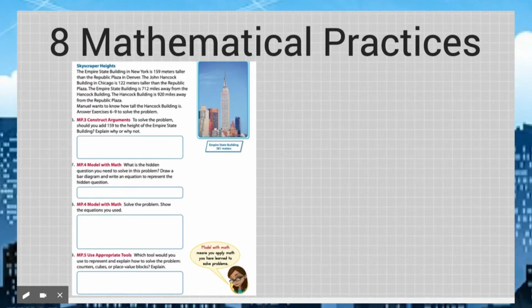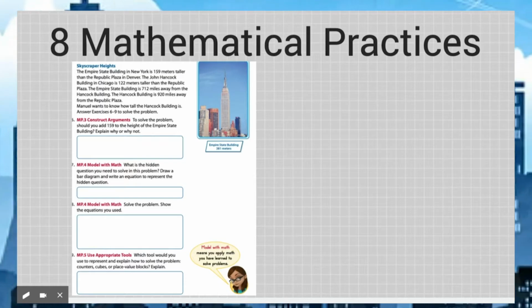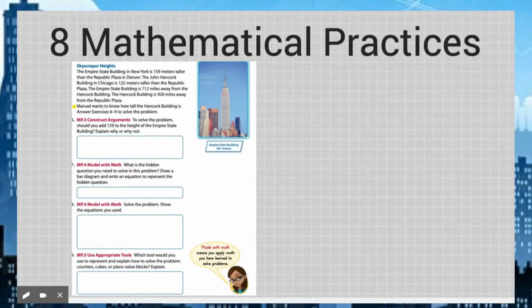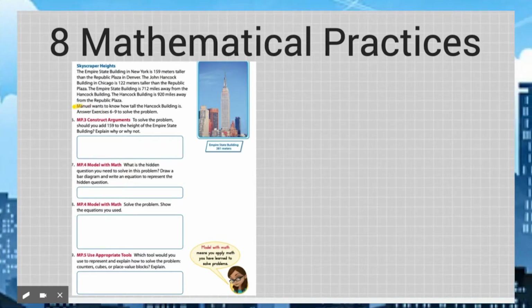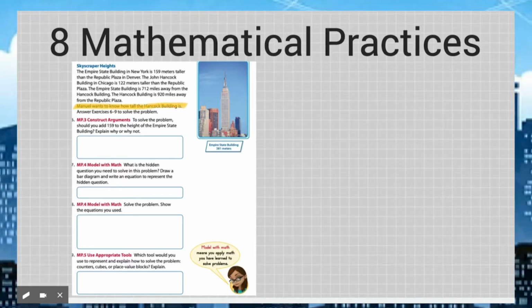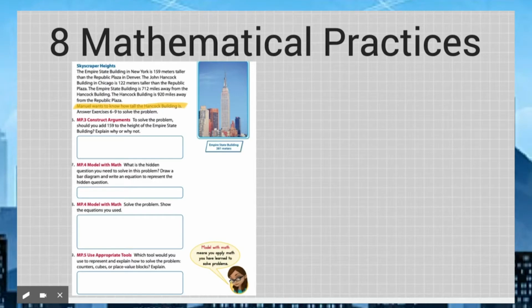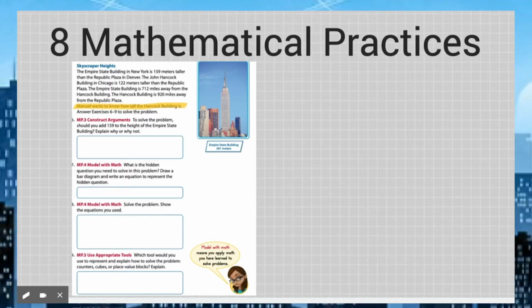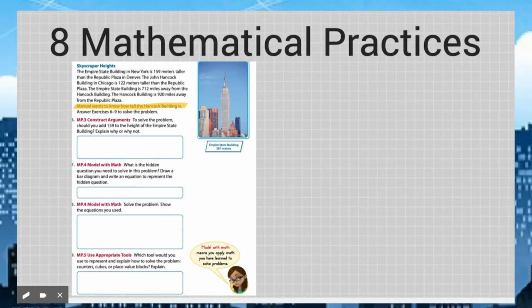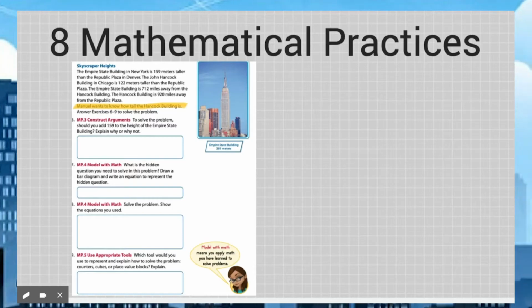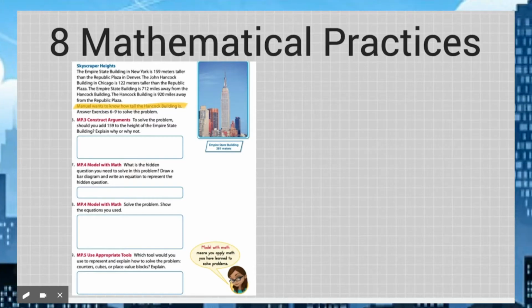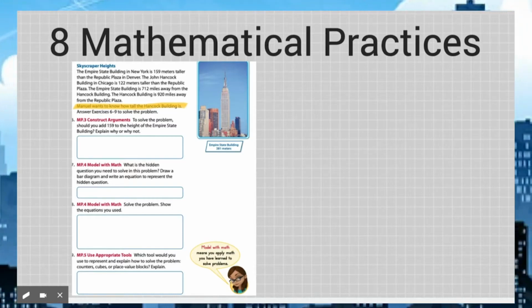All right. So we need to find out how tall the Hancock Building is. That's really important. I'm going to go ahead and highlight that because that's what we're going to be trying to figure out. Now, as I think back to our mathematical practices, remember one of the practices is to use the information that we know.